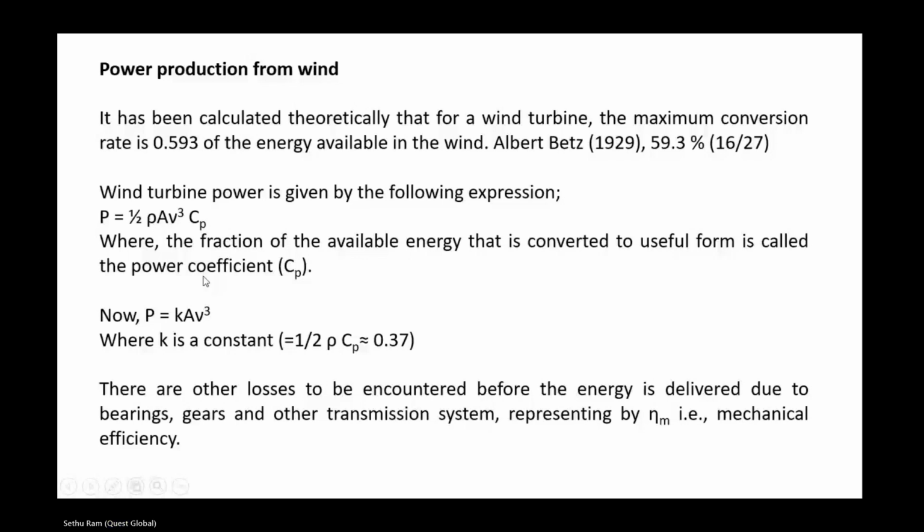And here the air density is constant, and this power coefficient is constant, so half into rho into Cp, these three values are constant, so it will come close to 0.37. So if we consider this entire thing as K, then power we got is K A V cube.